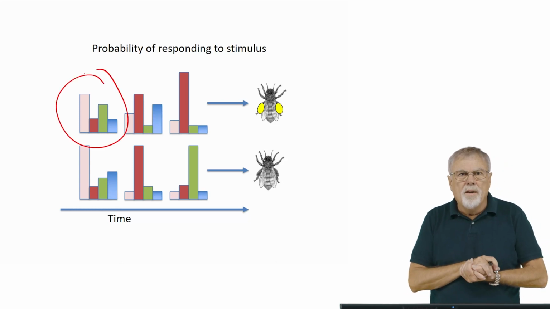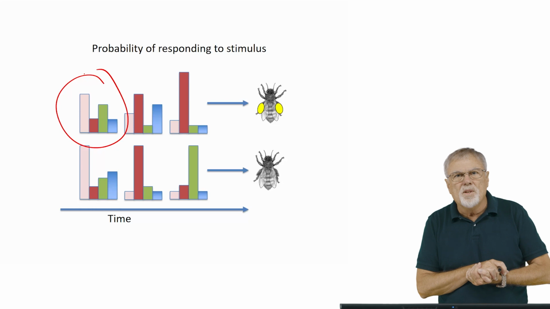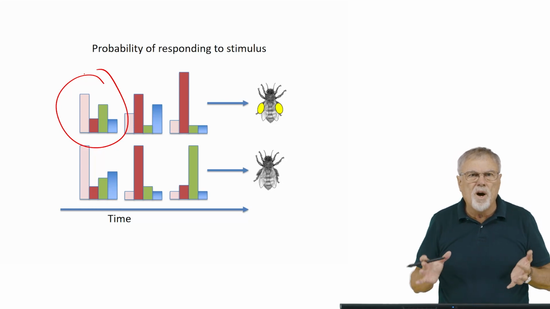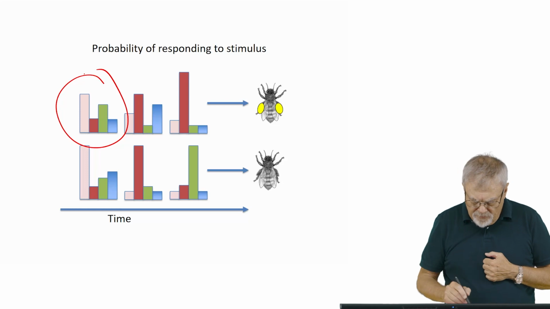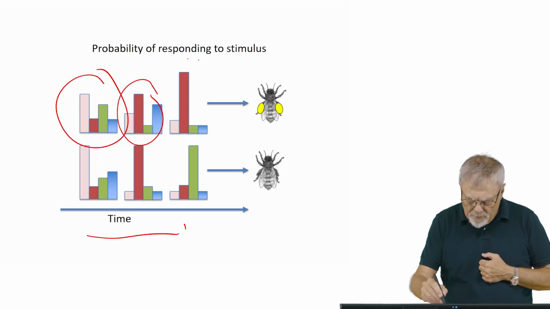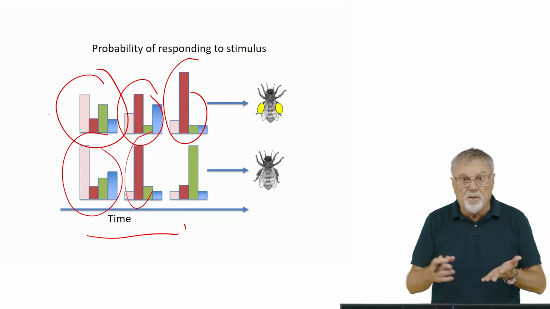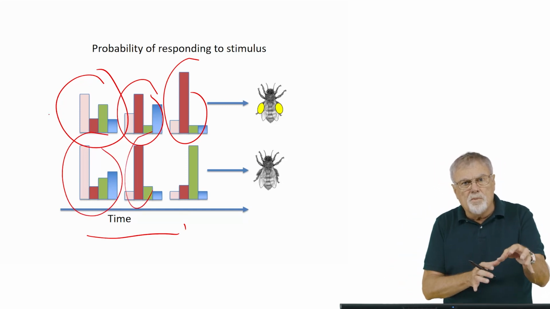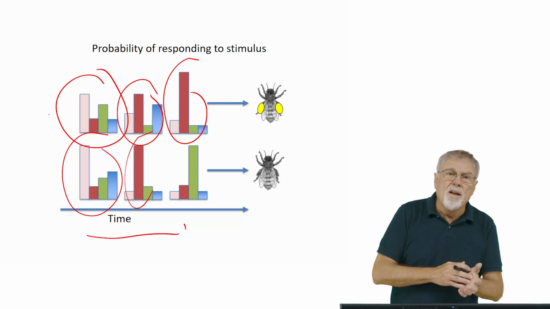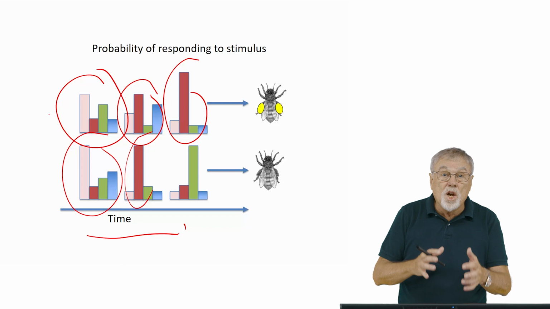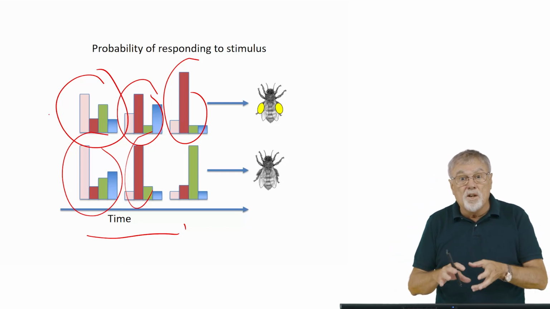So we have 4 response thresholds that are affecting the probability to respond to a stimulus. As this individual ages, they change. And these two individuals are different from each other. So they're different from each other to begin with. They're changing. The individuals are different ages, different experiences that have changed their response thresholds.